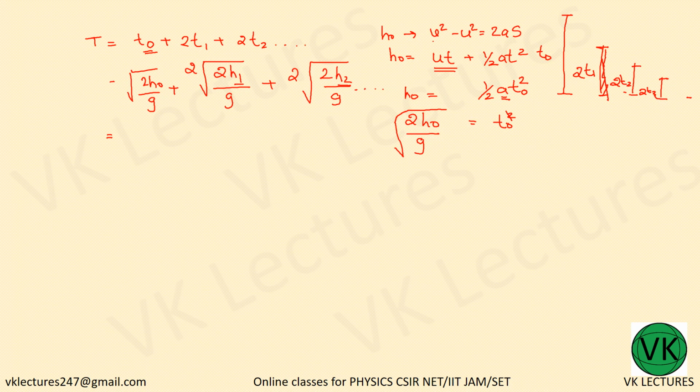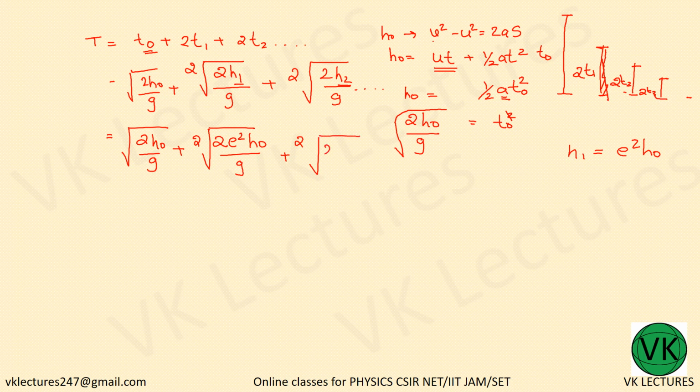So that will be root of 2 h naught by g plus 2 times root of 2 h1 by g, where from the previous class we know h1 is equal to e square h naught. So e square h naught by g, plus again 2 times root of 2 h2, where h2 is equal to e to the power 4 times h naught. So e to the power 4 times h naught by g, and this continues.